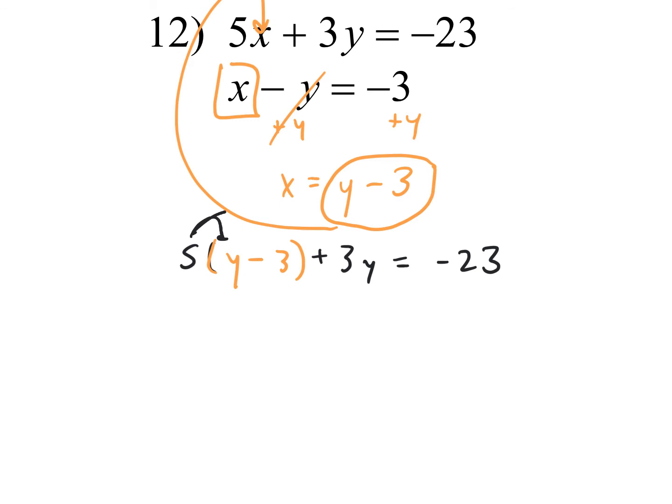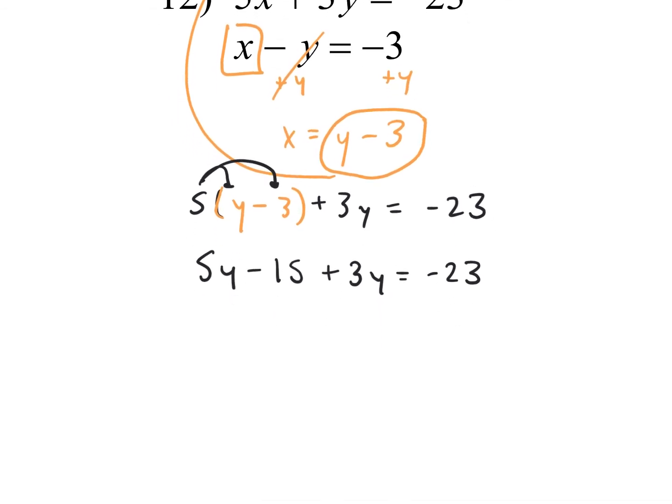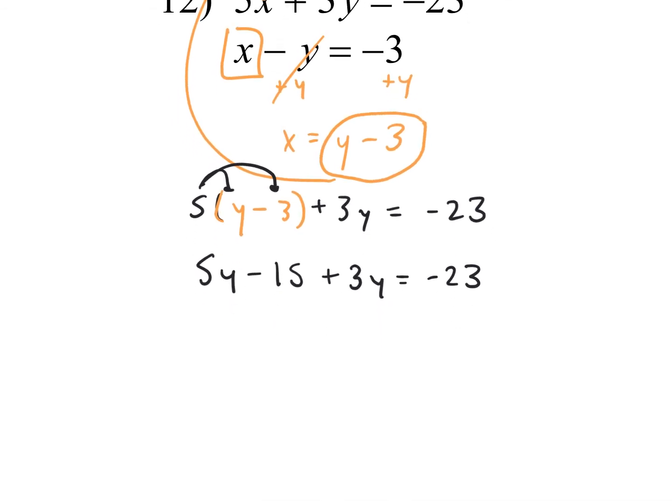Distribute. So I have 5y, and what's 5 times negative 3? Negative 15. Plus 3y is equal to negative 23. What should I do next? Combine like terms. What are some like terms here? 5y and 3y. What's 5y plus 3y? 8y. So 8y minus 15 is equal to negative 23.